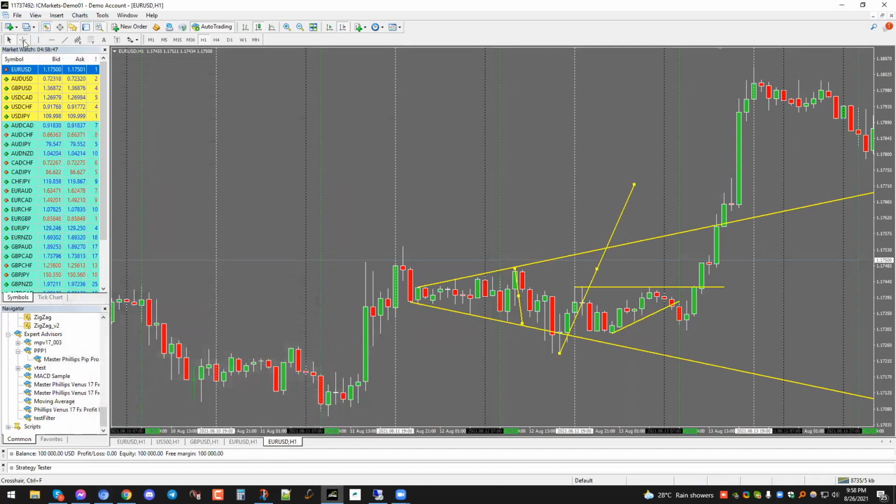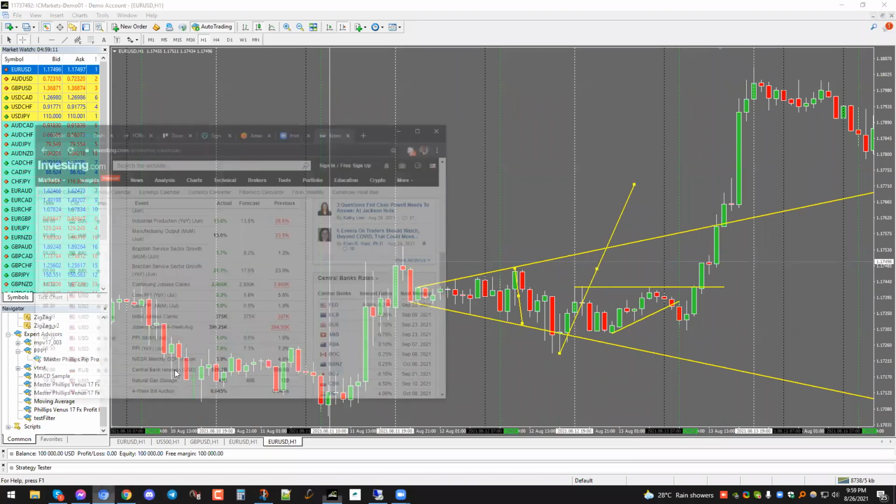So let's see, where would that be? Just 12. So somewhere around here is where we'd be looking for our entry, right? Now that's if I'm using my software, it would be able to look for this entry and get involved. Also, if this was a Friday, which I believe it is, let me just double check the day.